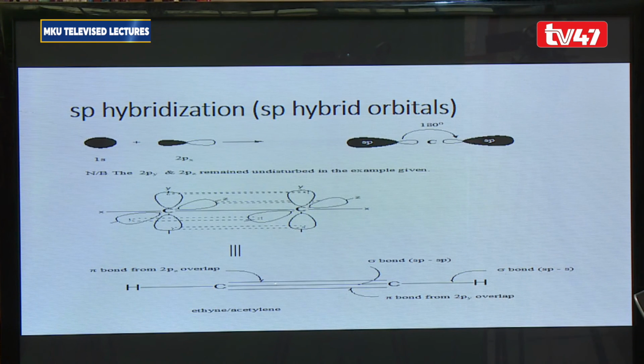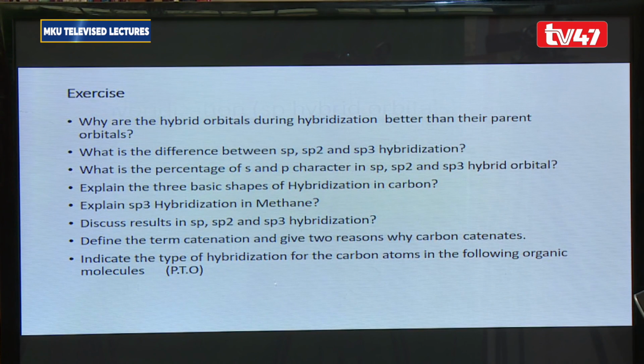So we have two pi bonds and one sigma bond between the carbons, and a sigma bond between carbon and the next element. So that basically covers the topic on introduction to organic chemistry, and also the three types of hybridization.